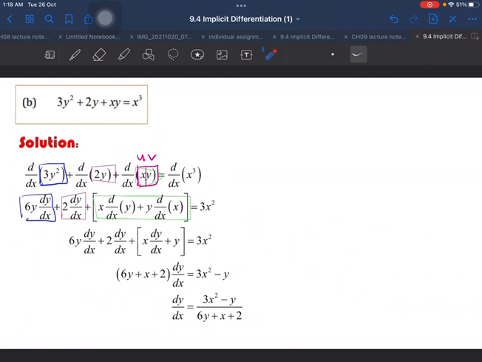Okay, and then for the fourth term, d over dx of x cube, we get the answer 3x squared.